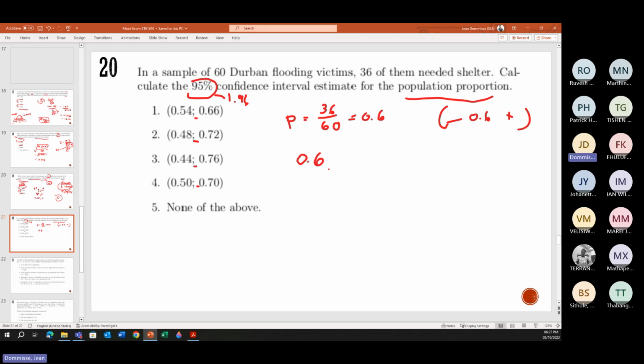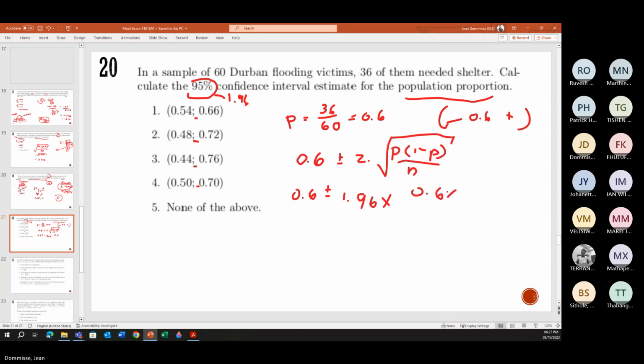So it's the proportion plus minus, remember, Z times, and now remember this part, which is actually the standard error that you multiply. So 0.6 plus minus 1.96 times the square root of 0.6 times 0.4 divided by 60.